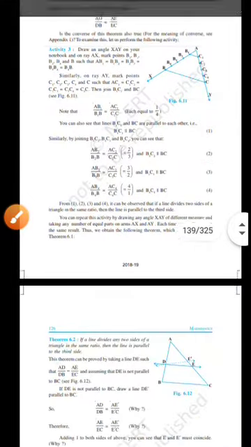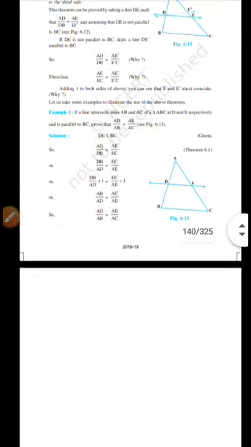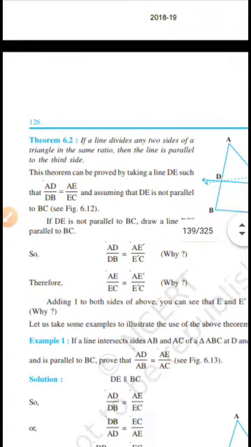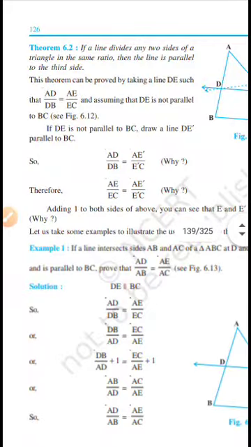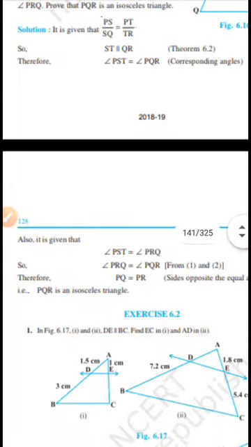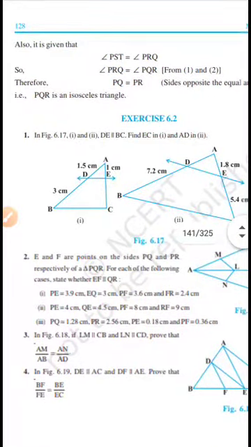Now let's take an example from your book. There is another theorem 6.2, but we will discuss it after solving some questions. Here let's solve exercise 6.2, question number 1.